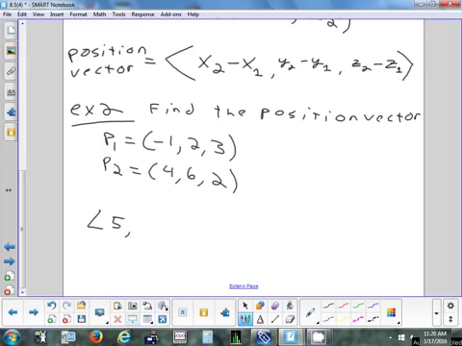Next part? 6 minus 2 is 4. 2 minus 3 is negative 1. Or how about if you wrote it with ijk? Make sure you're comfortable with either notation. Okay. Questions on position vector?